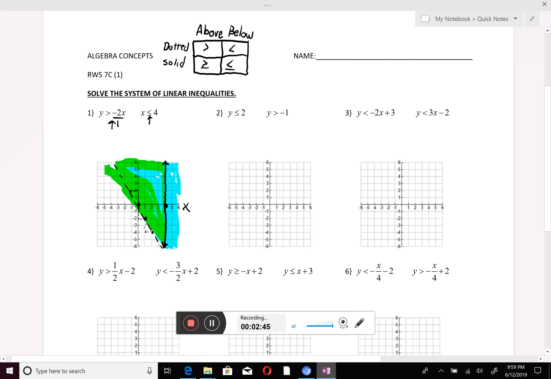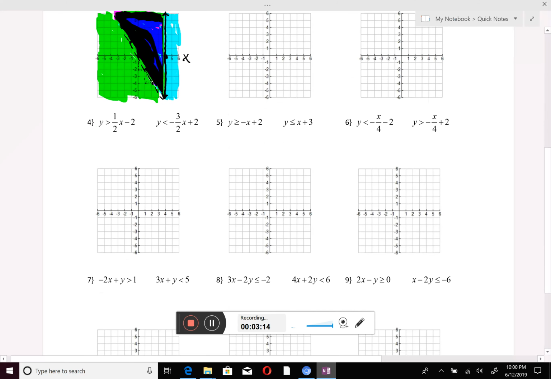But since we see that our blue and our green overlap in this area, that's where the solution is. So this whole area, essentially here, is where they share the same solutions for this inequality.